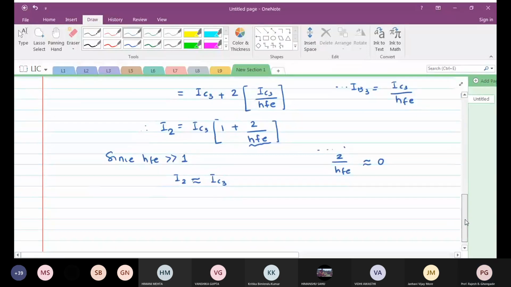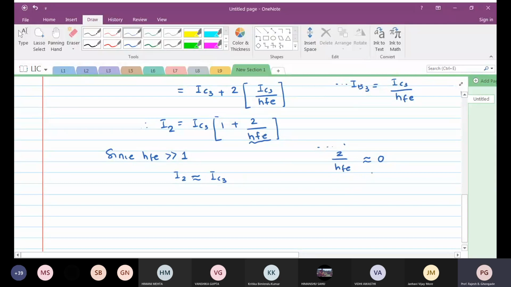Very, very small. To be more precise, it is far less than 1. So can I make an approximation like this? I2 becomes nearly equal to IC3. Is this fine?